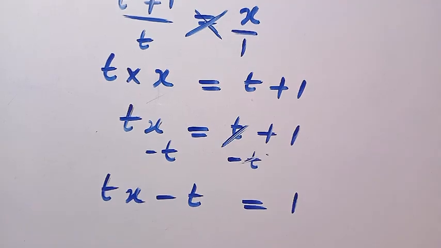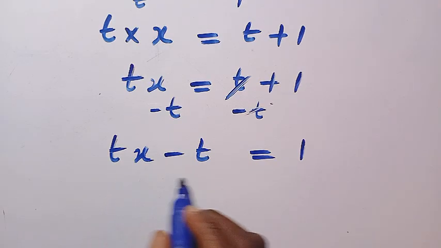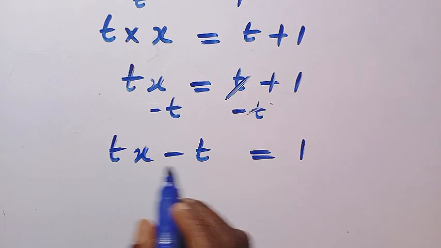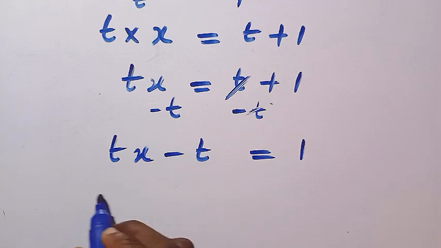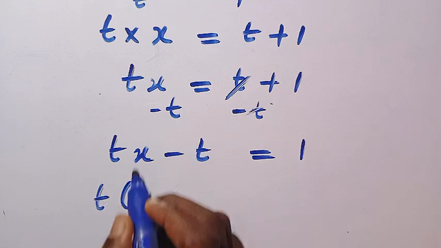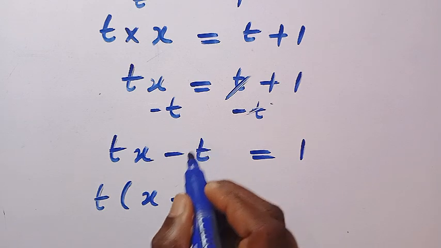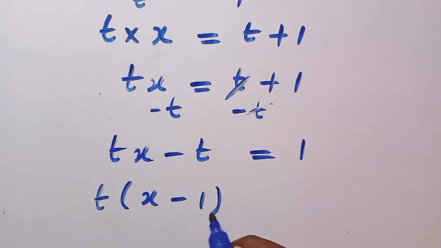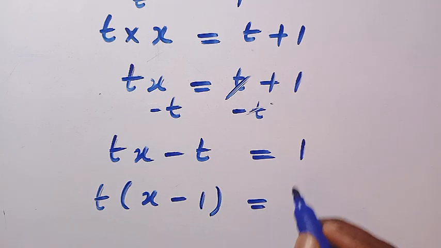Then let's factorize t, since t is common. By factoring out t, we have t times (x minus 1) equals 1.